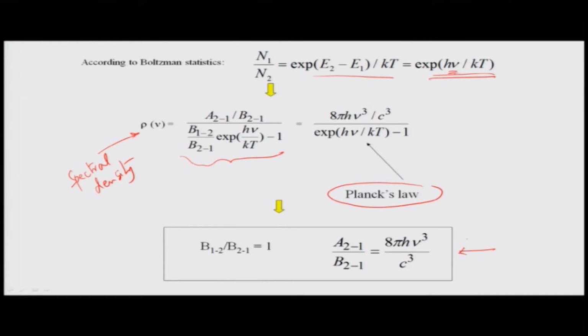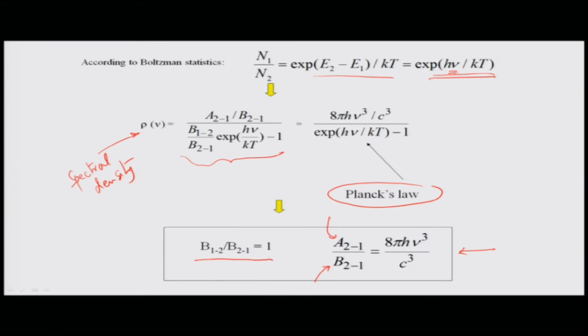spontaneous emission as well as the stimulated emission. So, this is our spontaneous versus the stimulated. The ratio of the two can be found out by using Planck's law, and this is the expression between the two.